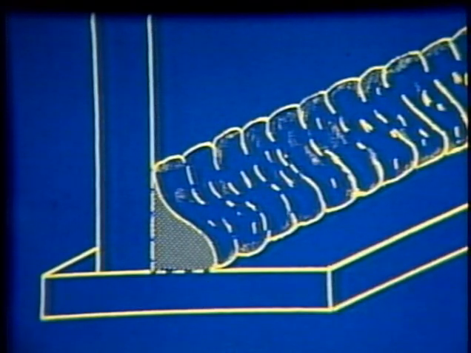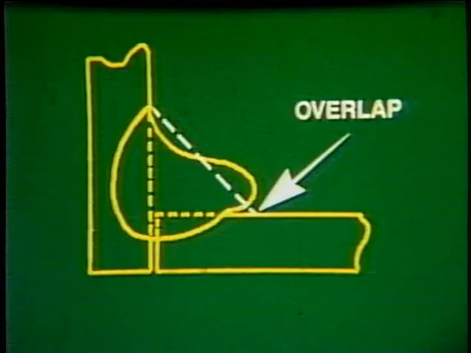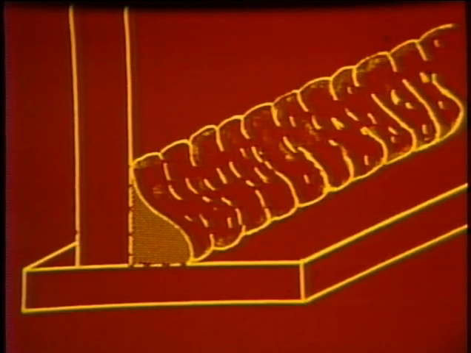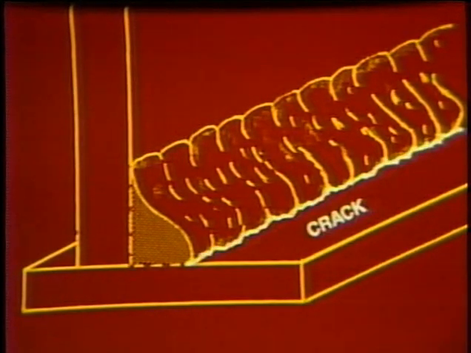An example of this is overlap, which is the bulging or protruding portion of a weld that extends beyond the toe, face, or root. This type of discontinuity in both fillet and groove welds can reduce the size and strength. In both cases, stresses are concentrated at the weld toes, causing weak points that may fail.